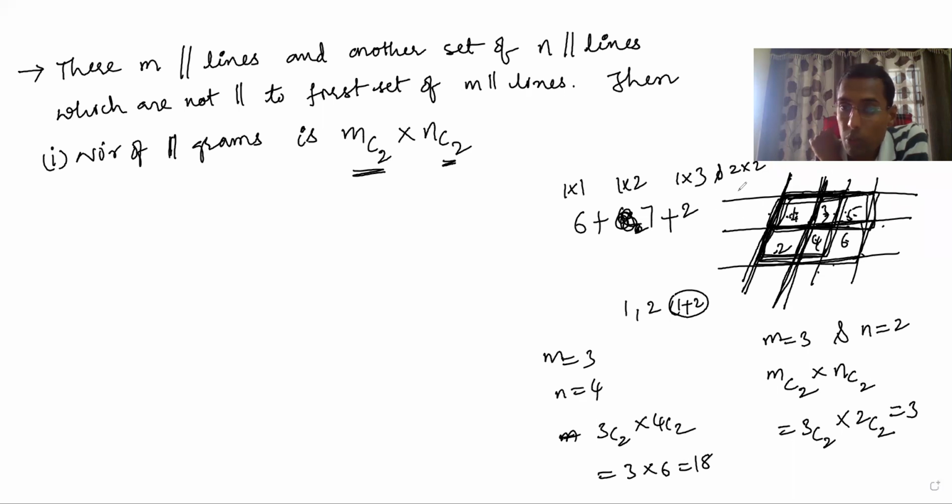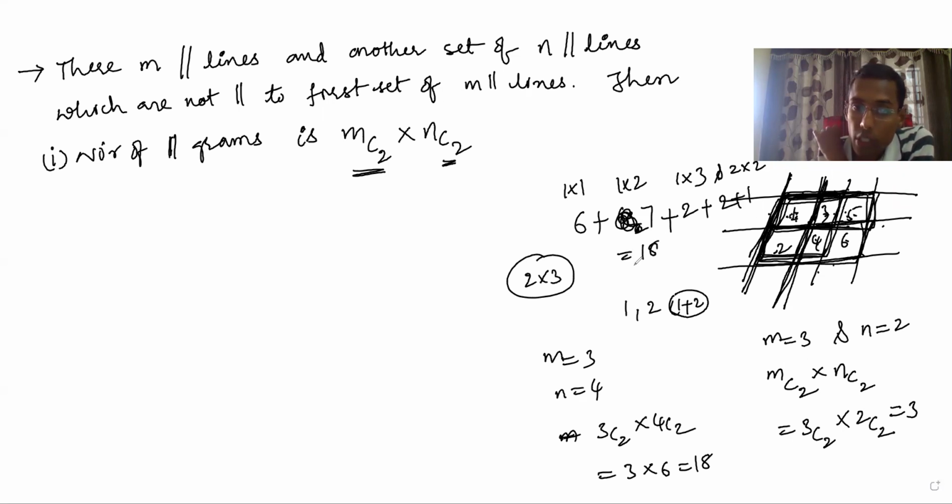So how many will be there? Again 2 by 2 is 2. Again one more big is there. 1 by 3 I said, 2 by 3 also there. 2 by 3 you check. 2 by 3 means these two and this is 3. That's only one.